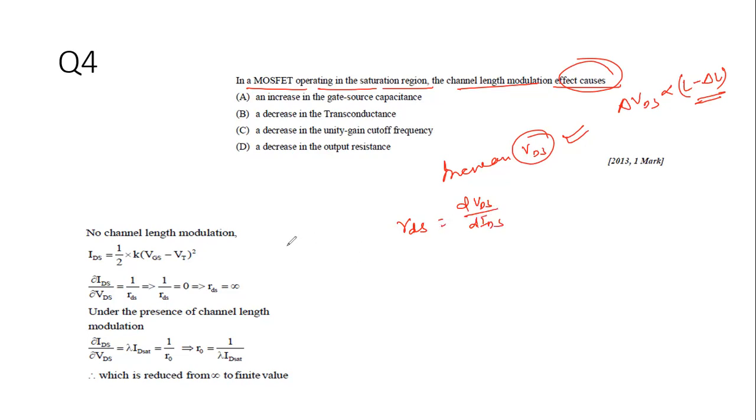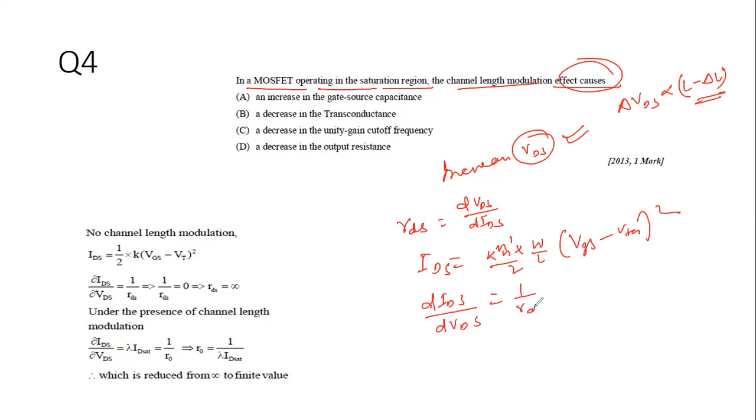Okay, so IDS equals Kn dash into W by L by 2, into VGS minus VTH whole square. So dIDS upon dVDS equals 1 upon RDS. The dIDS upon dVDS is nothing but lambda times IDS saturation.